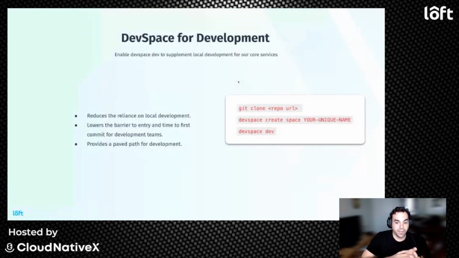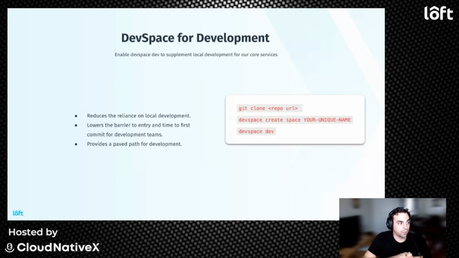So the next piece is devspace for development. Again, this was the whole concept of pairing your local development volume with a remote container and developing remotely. What we were trying to do here is reduce the reliance on needing to develop locally.